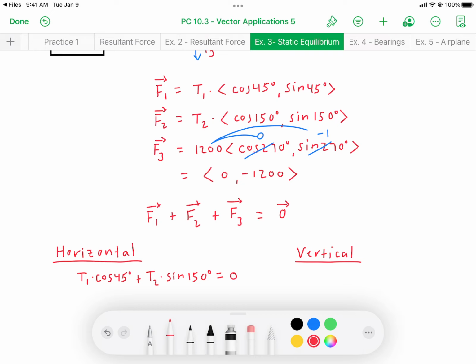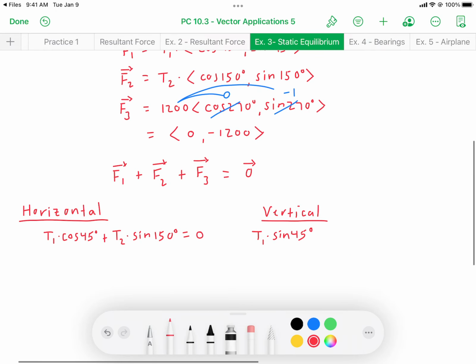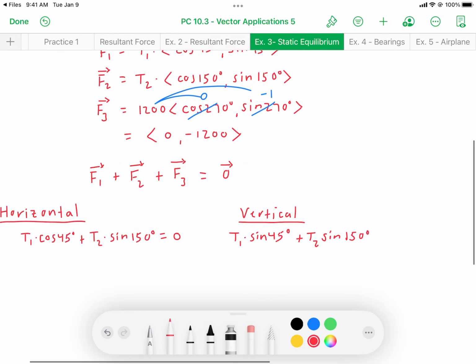All right, in the vertical direction, it would be T sub 1 times sine of 45 plus T sub 2 times sine of 150. And then minus 1,200 equals 0.